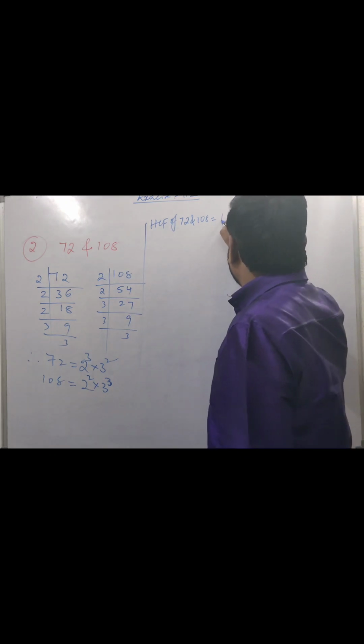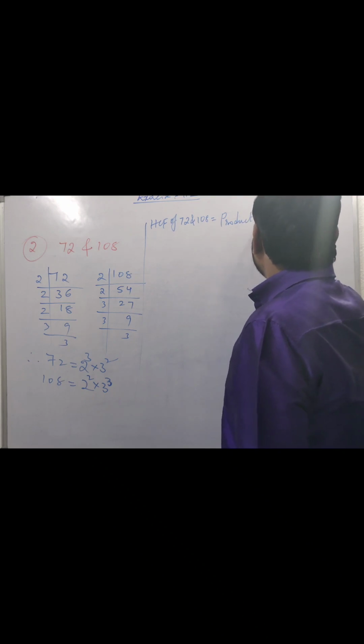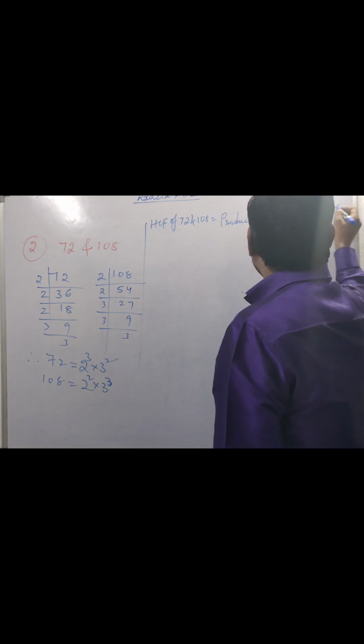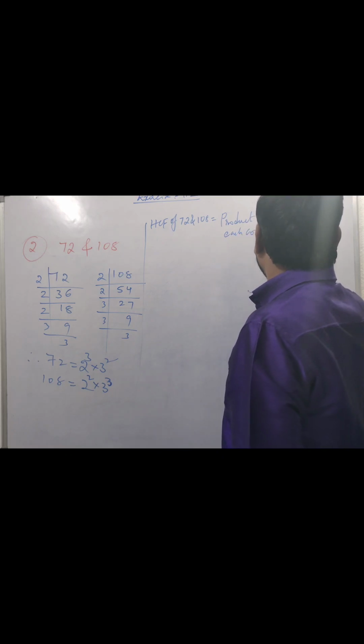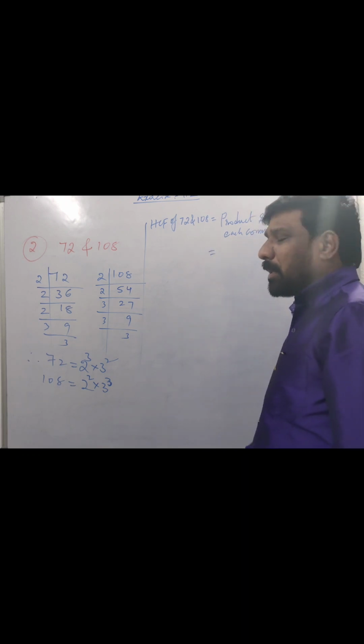The formula is the product of the smallest powers of each common prime factor. What is each common prime factor here?